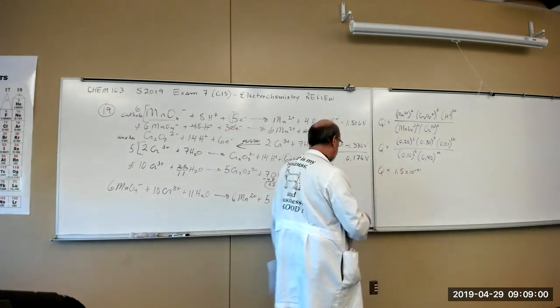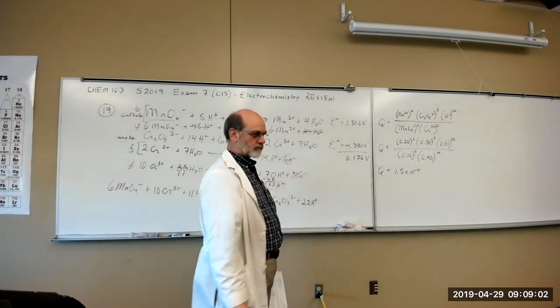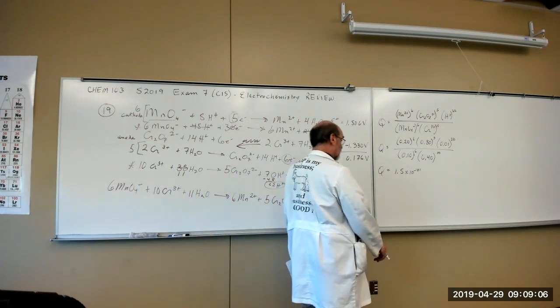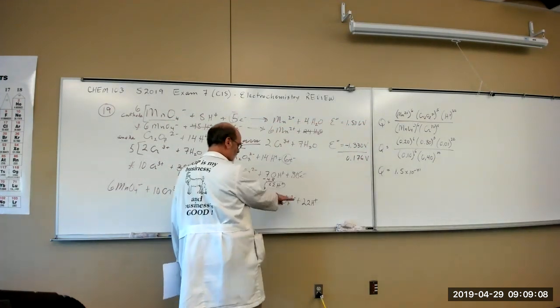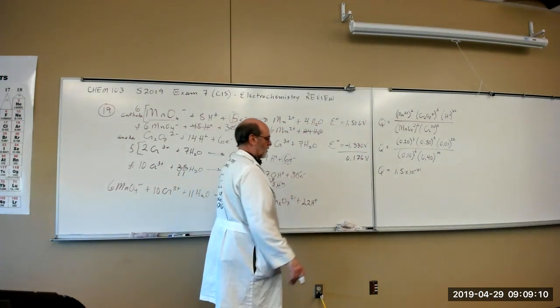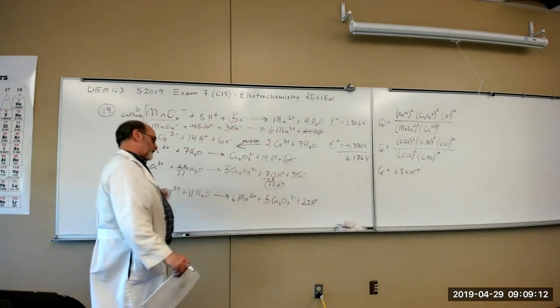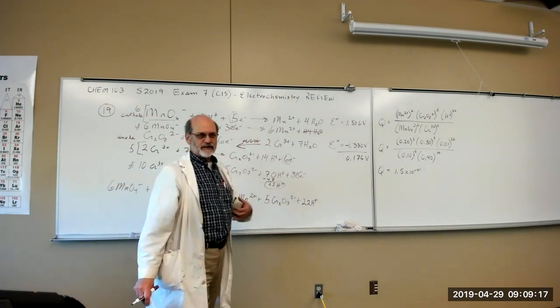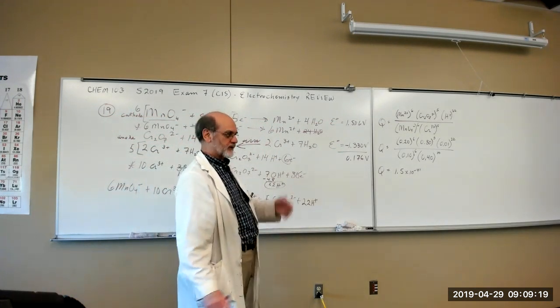Yet the voltage is 0.176 volts. Okay, so it's spontaneous this direction, but the equilibrium is over here. Seems like a contradiction, doesn't it? At least it does to me.